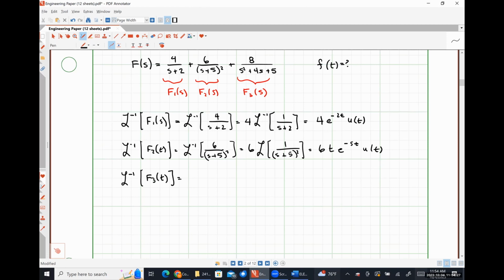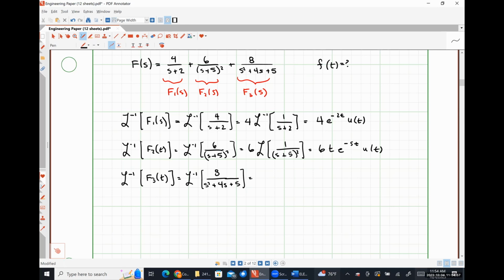So we're going to have to get creative. So we would have 8 over s squared plus 4s plus 5. This isn't intuitively obvious, and probably not something that many of you have done since either your pre-calculus class or maybe, I don't know, the 8th grade.